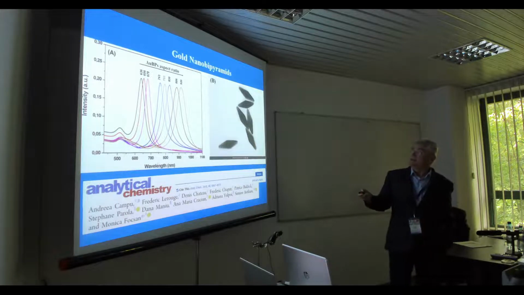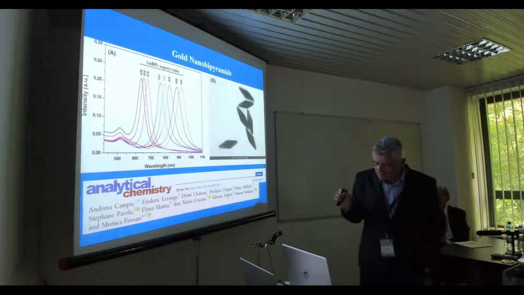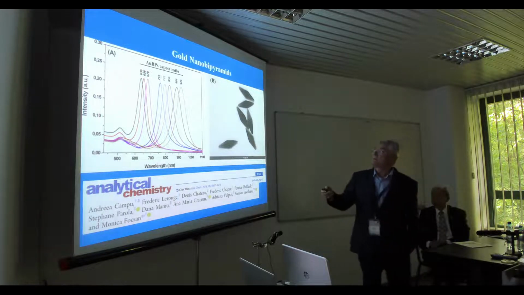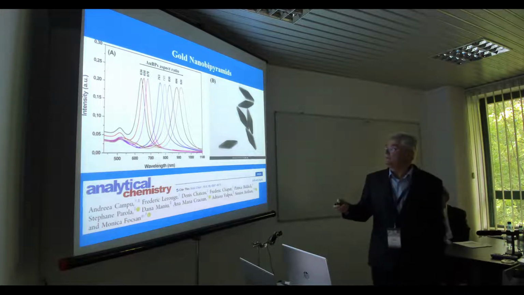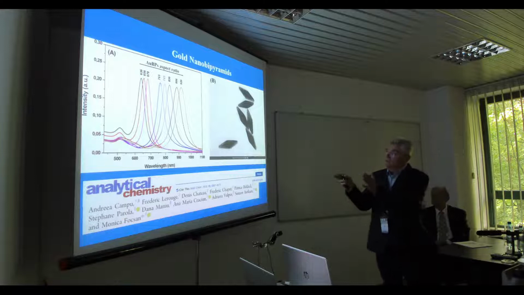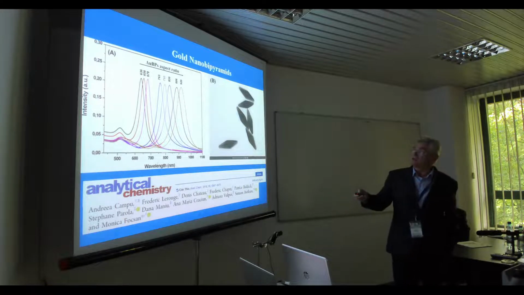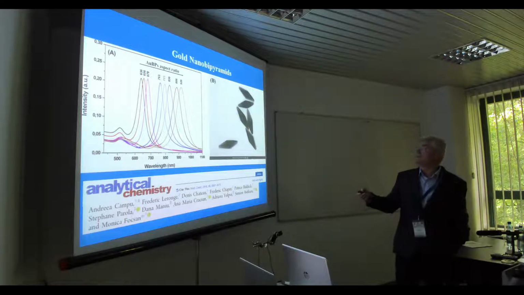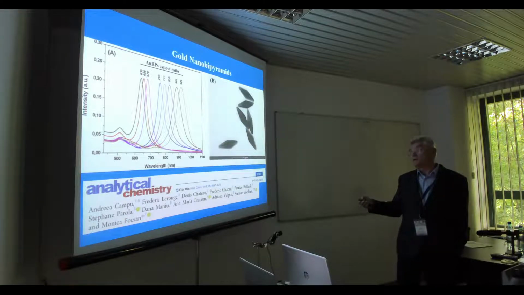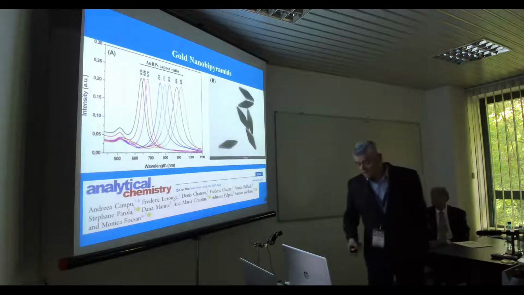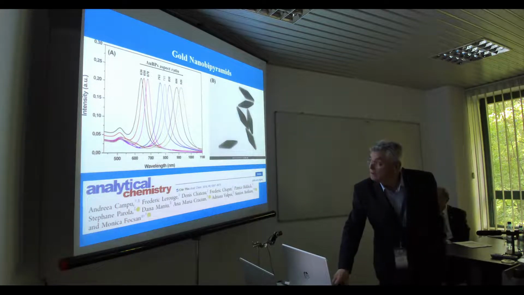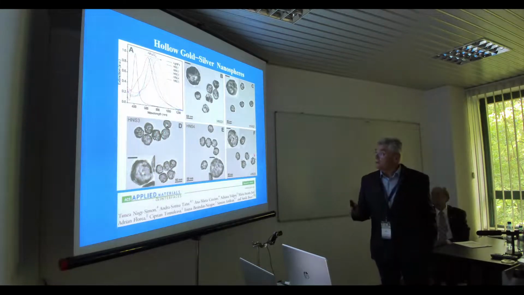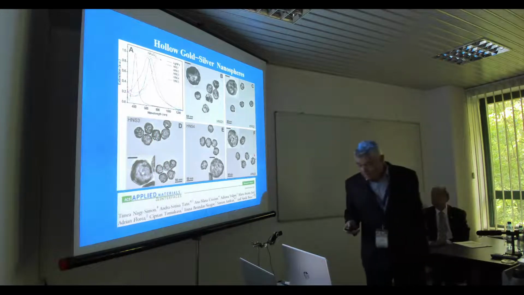Here also very important are the size and the width of the band, so you can control the position but also the width of the band, again extending far in the infrared. Each one has a specific application.